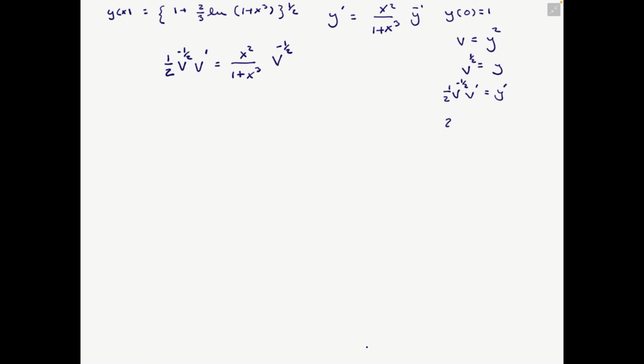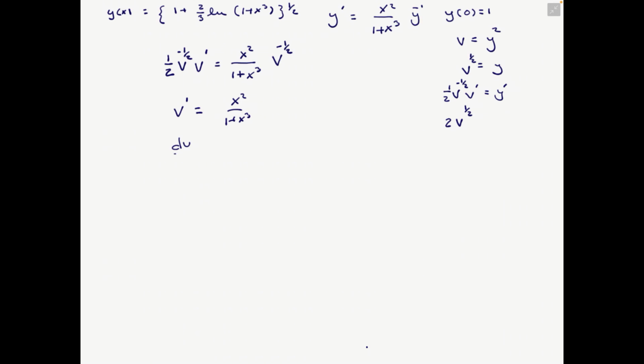So we multiply through by 2v to the 1/2. And that gives us v prime equals x squared over 1 plus x to the third. And that is it. Okay.